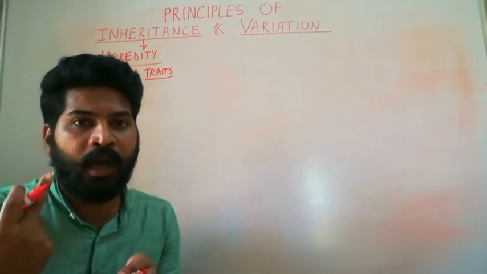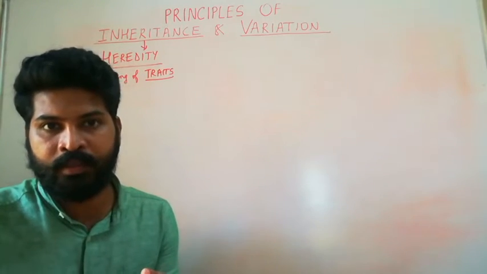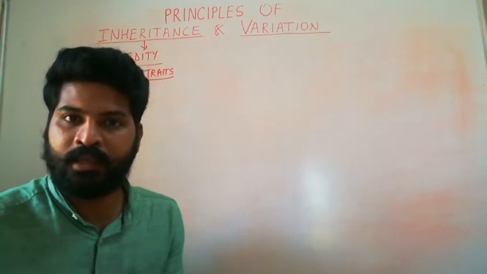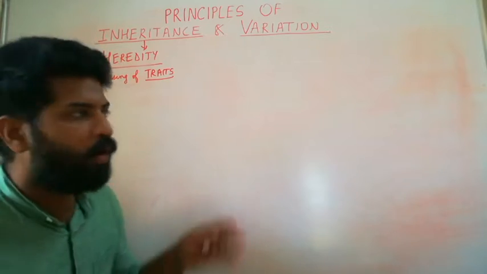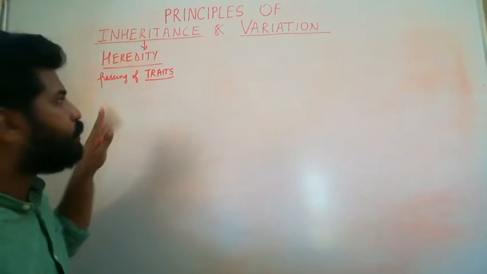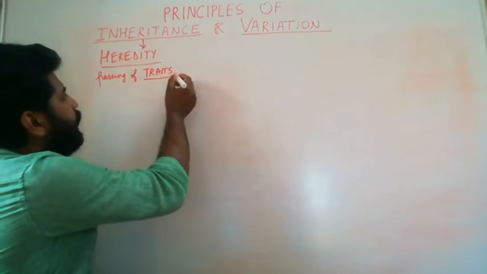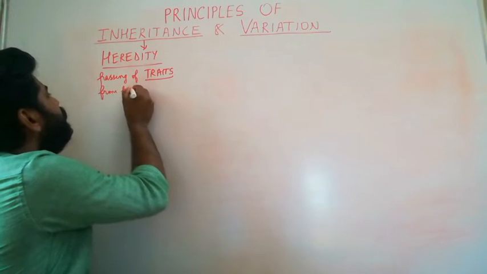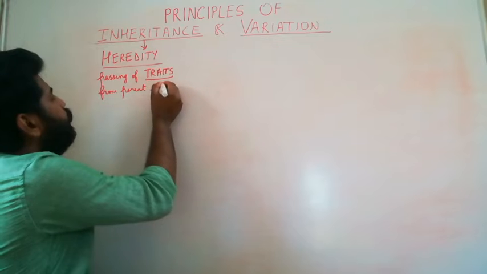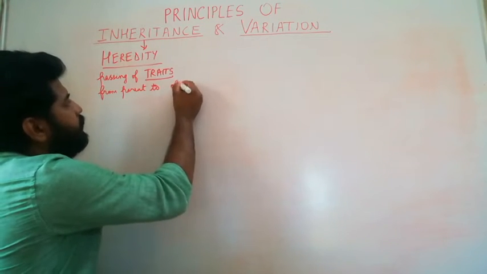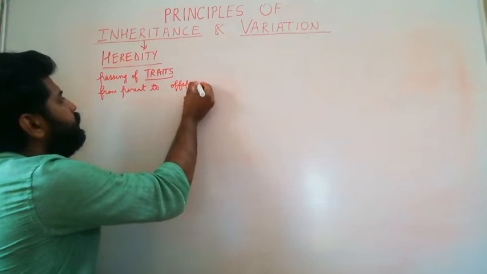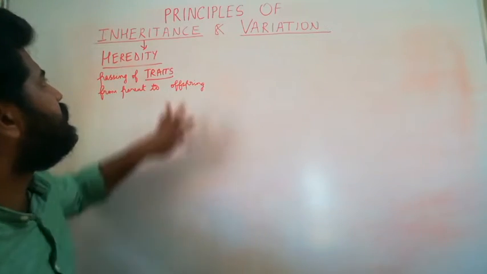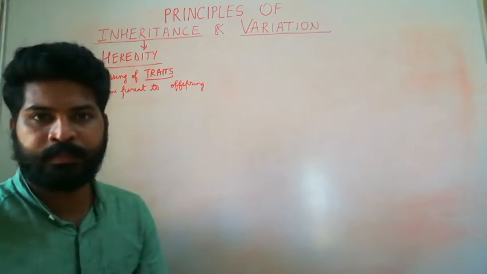The color of the eye, we can observe it. So these are called characters, features or traits. How the traits are passed from the parent to the next generation, that is the offspring, is what is called inheritance.